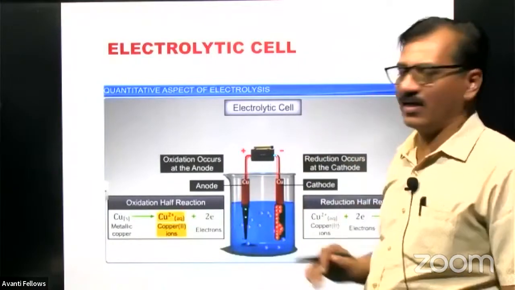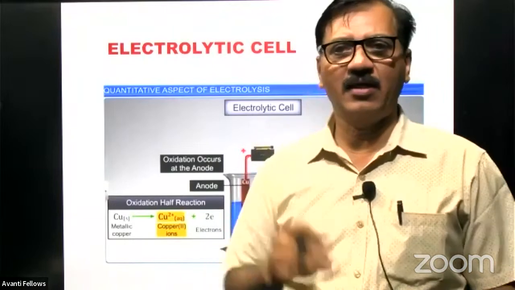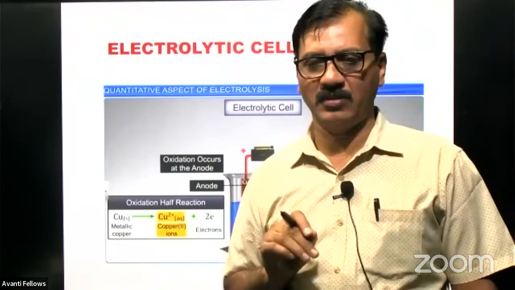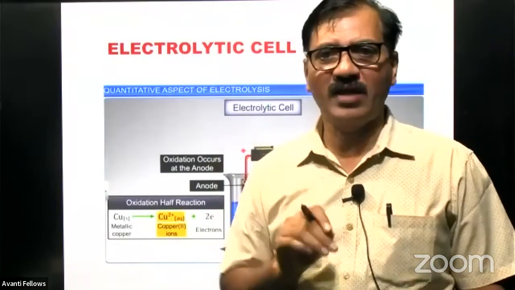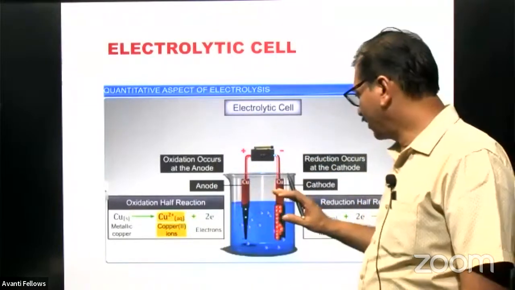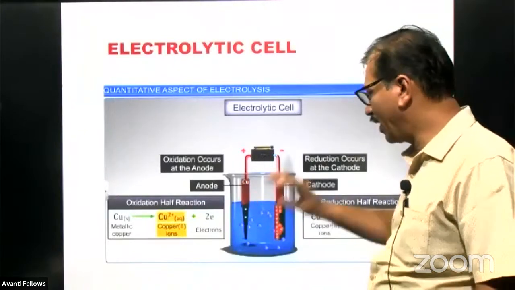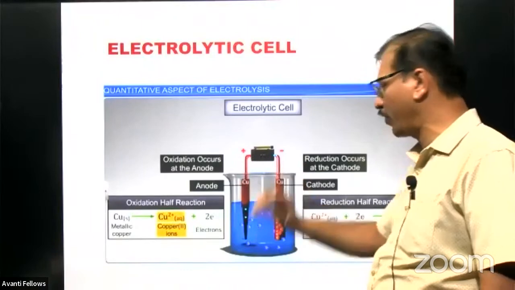So an electrolytic cell is an arrangement in which electrical energy is changed into chemical energy. By the passage of electrical current, there will be some change in the chemicals present there. The electrolyte is going to change, or the electrodes are going to change.